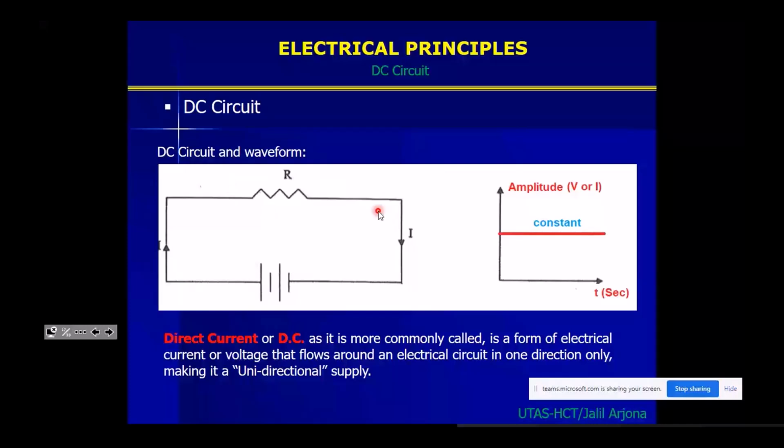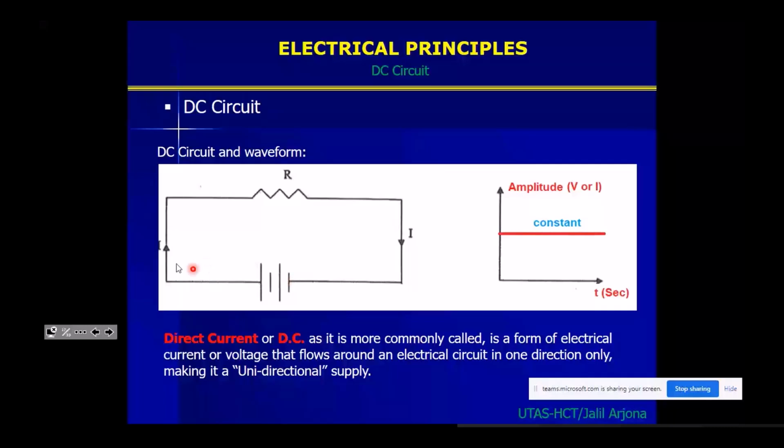So that is correct. Looking into this diagram, this is the DC circuit. Why? Because we supplied the circuit by a fixed voltage DC source. The actual meaning of DC or direct current is a form of electrical current or voltage that flows around an electrical circuit in one direction only, making it unidirectional. So to understand DC, there is only one direction of current.